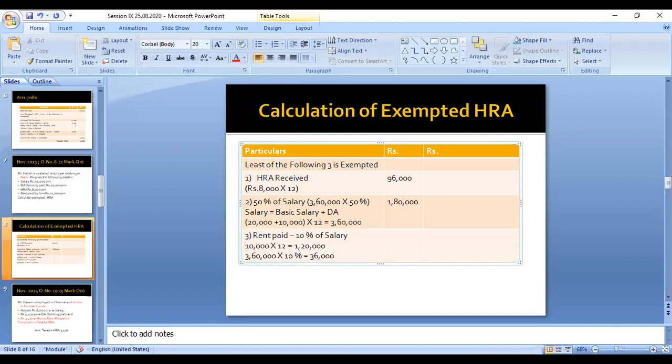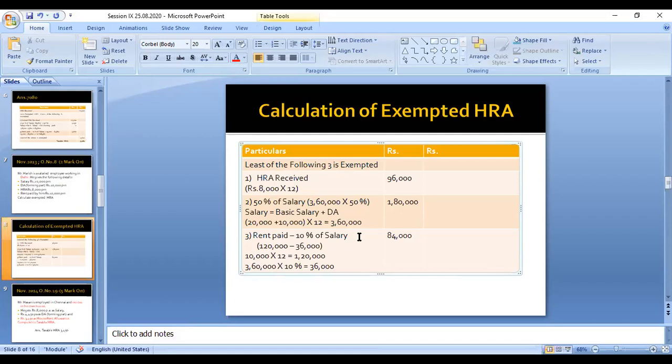That means 1 lakh 20,000 minus 36,000, that is the 10 percent of salary, comes to 84,000.